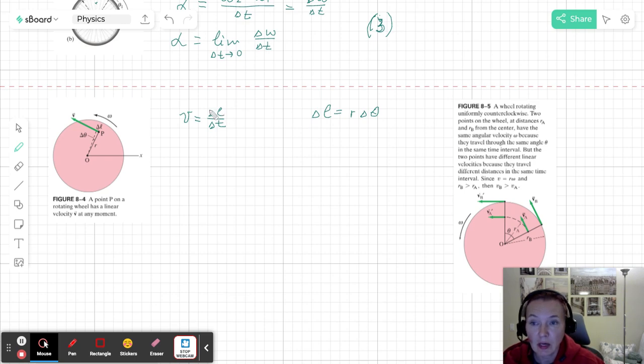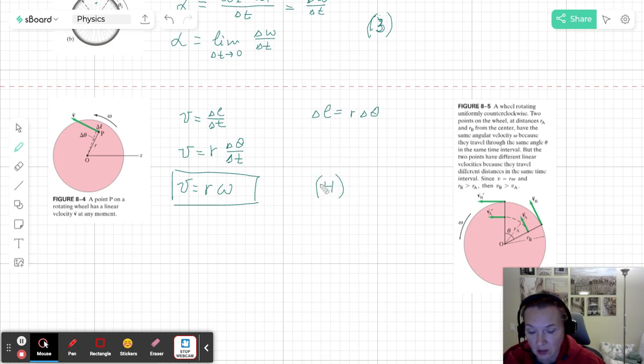So if I plug it in, I get V equals r delta theta over delta t. But delta theta over delta t is the angular velocity, which means that linear velocity V is equal to r times omega. That is my equation number 4, and it shows how linear velocity and angular velocity are connected.